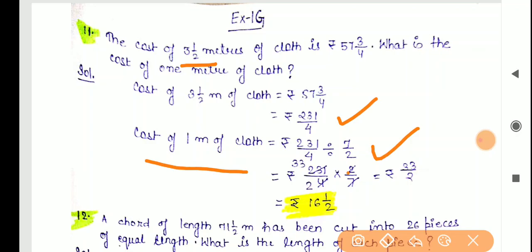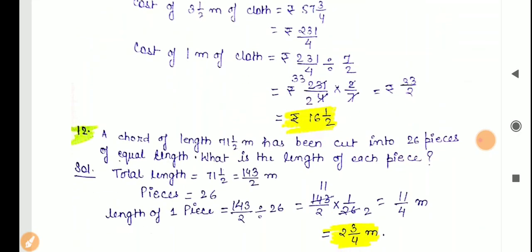When we solve it, 7 times 3 is 21, and 7 times 3 is 21, and 2 times 2 is 4, and the answer will be 33 by 2 rupees. When we change it to a mixed fraction, the answer will be rupees 16 complete 1 by 2.